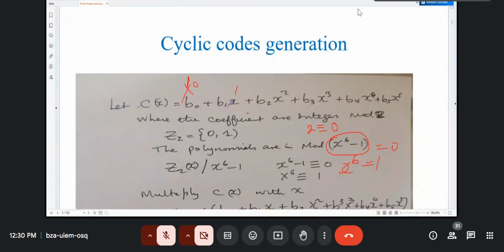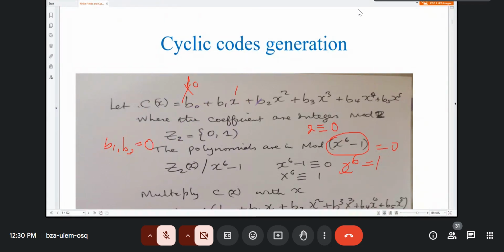Otherwise, the moment you have 0, let's say in this case b1 and b3 are equal to 0. I'm just saying that because whenever the coefficient is 0, we normally leave it out.